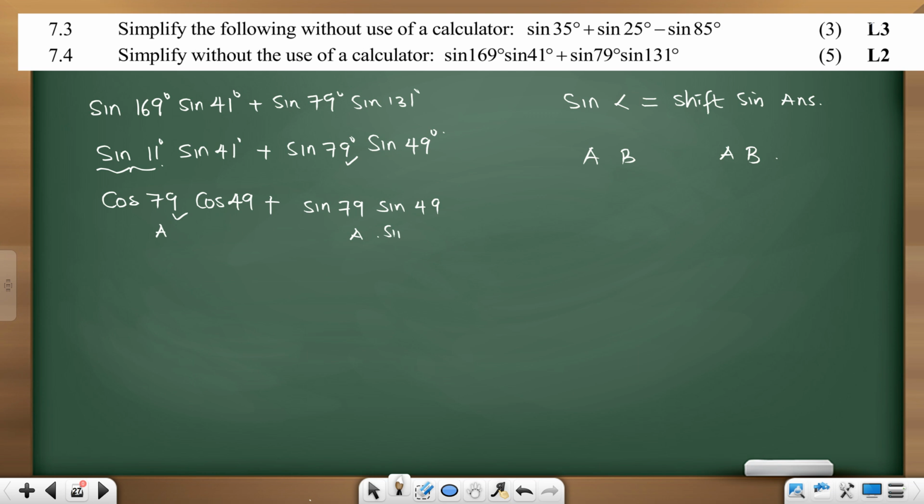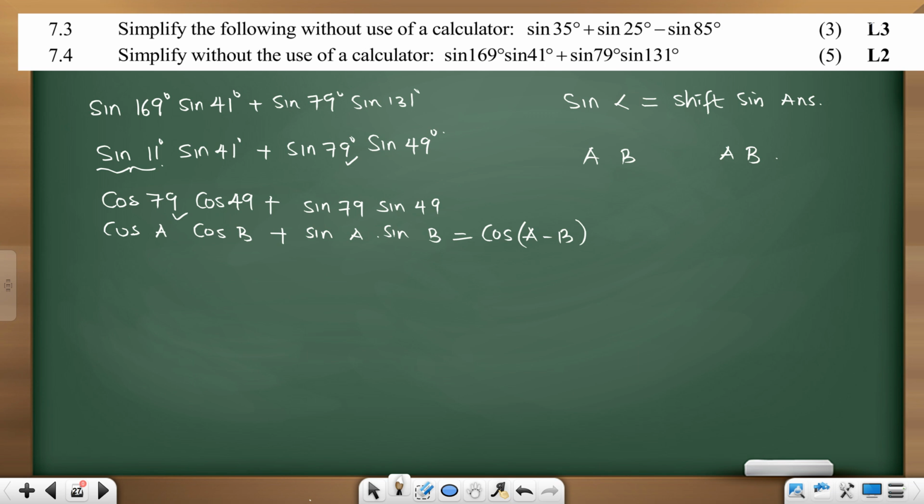I don't know if you see cos A, cos B, plus sine A, sine B. That's an expansion already. Does that make sense? And what is this expansion? Cos A minus B. Sweet, sweet maths.